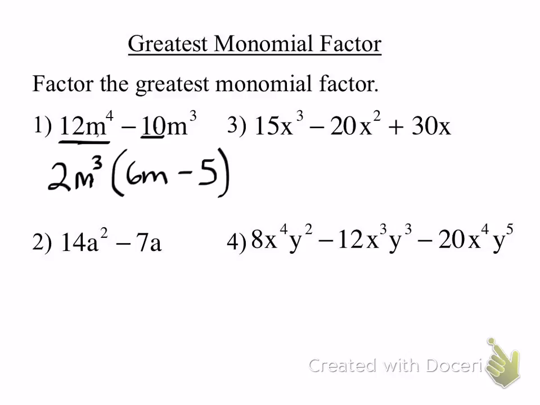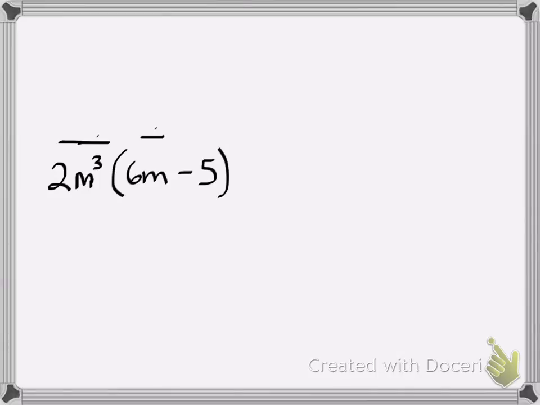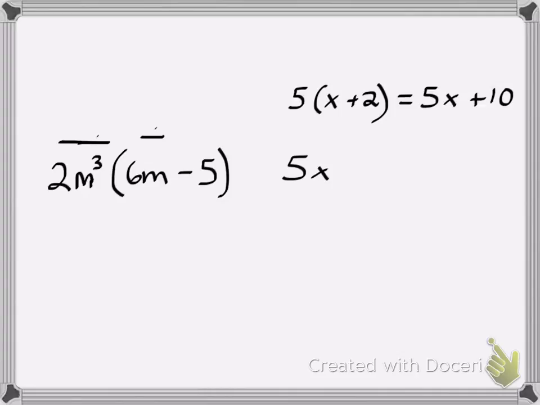I'm going to take a little sidebar and just do another little example. If I have something like this, what does that simplify to? Ian? 5x plus 10. But if I have 5x plus 10 and I ask you to factor, what's the greatest common factor? Kate? 5. And what's left when I divide a 5 out of each term? Okay?